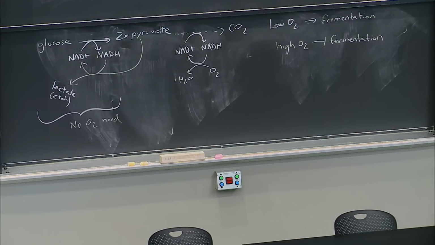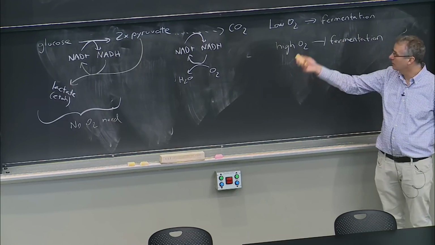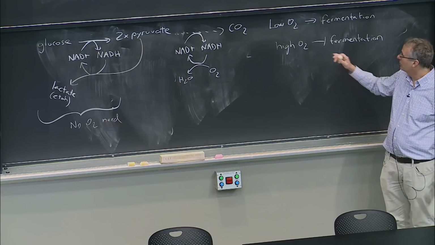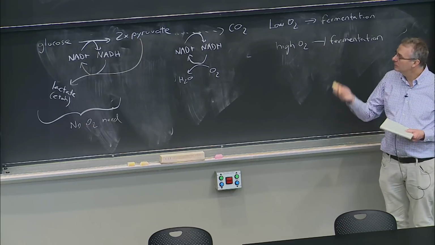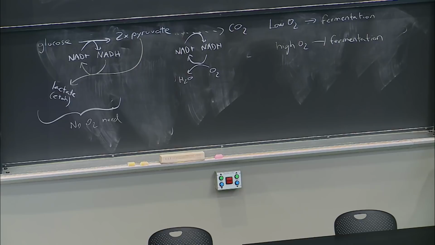It's intuitive. You get a lot more energy if you completely oxidize your glucose. You can more efficiently get energy from oxidation of available reduced glucose carbon if you do it by oxidative pathways. And so therefore, in the presence of plenty of oxygen, you don't need to do fermentation.